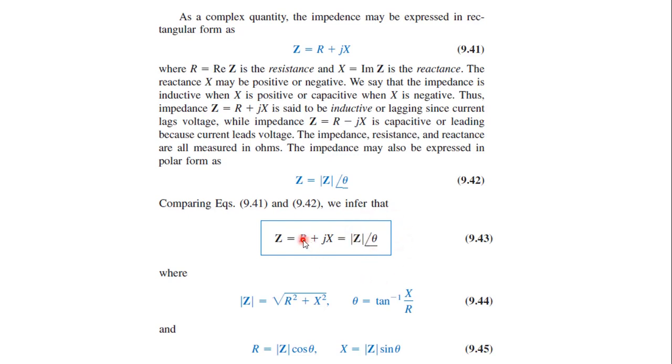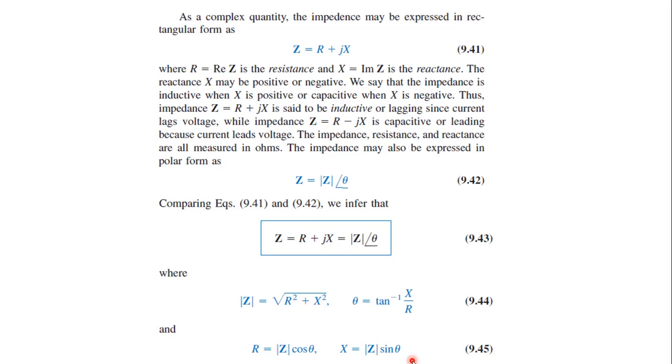Comparing these two, we can write that modulus of Z is equal to root of R square plus X square, and theta is tan inverse of X by R. This is the phase angle. We can also write that R is equal to modulus of Z into cos theta, and X is equal to modulus of Z into sin theta.